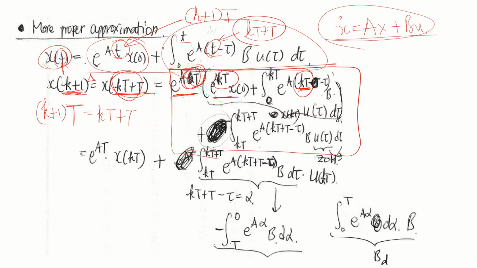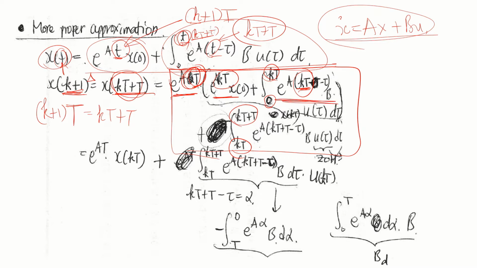And also the integral. So this is kT plus T, right? So the integral from 0 to kT plus T is also split into two parts: 0 to kT and kT to kT plus T. So it's the same expression here.